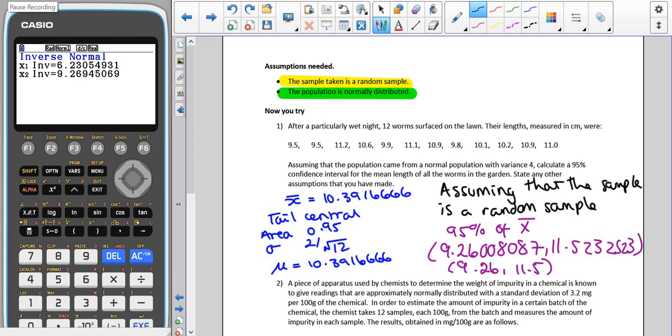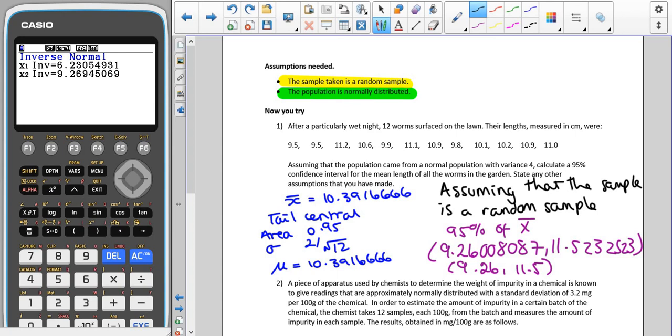Okay, so hopefully you paused the video and gave the 2 now you try questions a go. For this first one, after a particular wet night, 12 worms surfaced on a lawn. Their lengths were measured in centimetres, and we have the lengths there of our 12 worms.